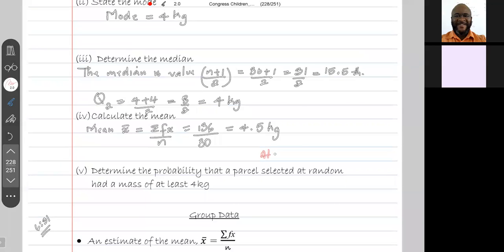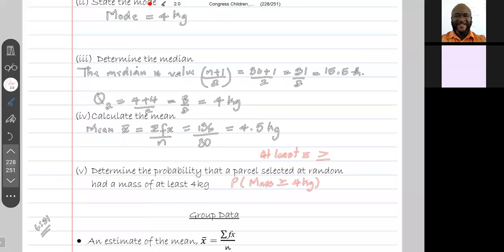So what I want is the probability that the mass is greater than or equal to 4 kilograms.